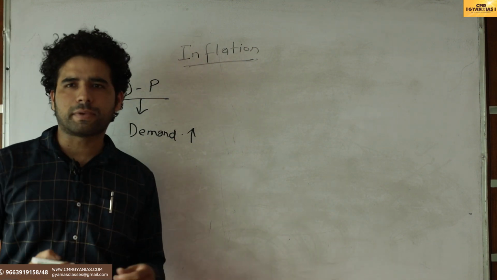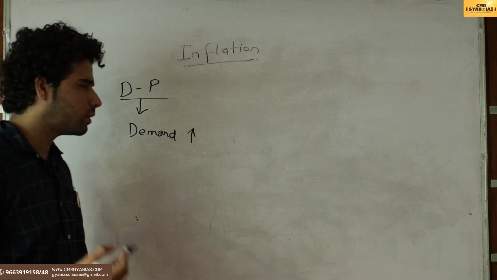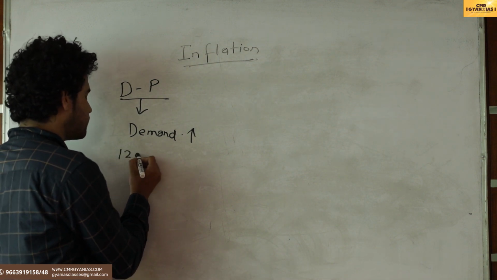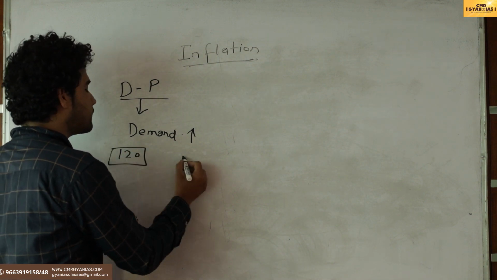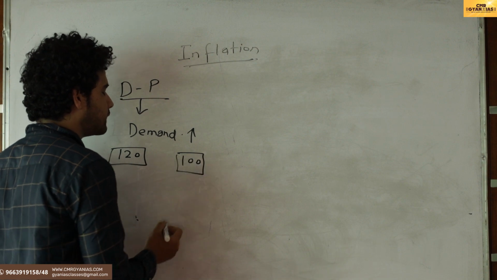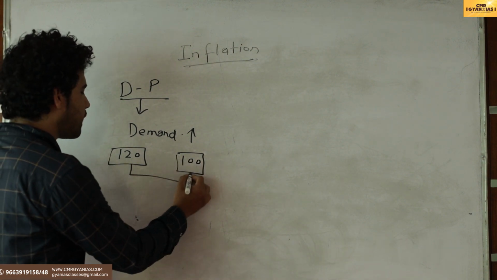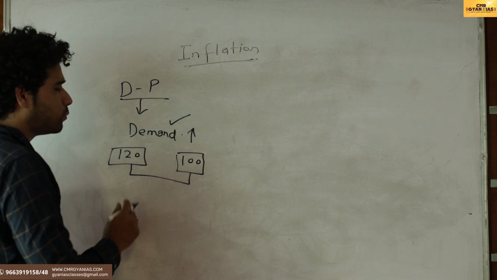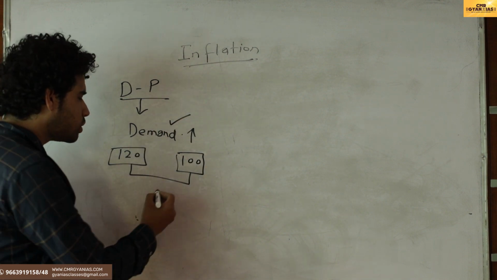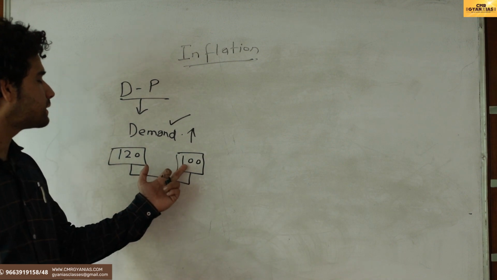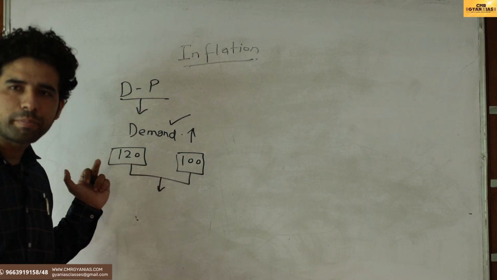So in the short term the prices will go up. Suppose there is demand for 120 things and supply of only 100 things. In the short term the prices shall go up, but in the long term what will happen? Since there is more demand, the manufacturers shall try to meet the demand.